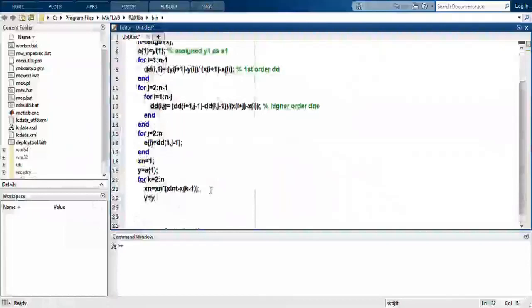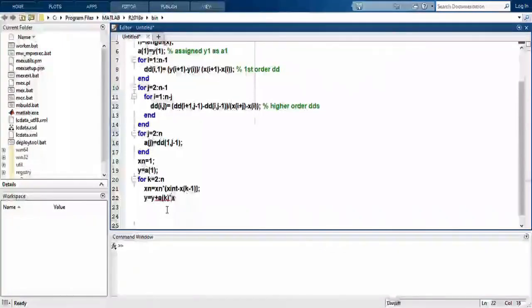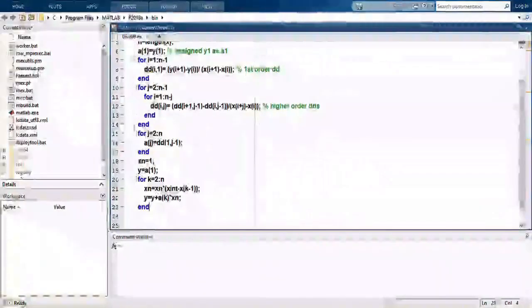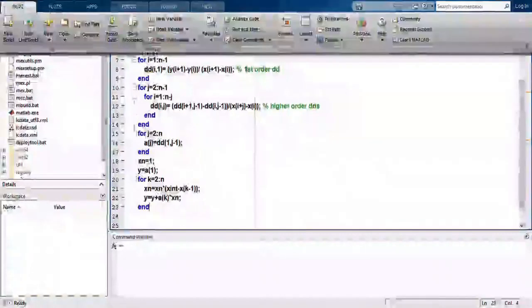Y is equal to y plus this y is a of 1 here, plus a of k multiplied by xn.